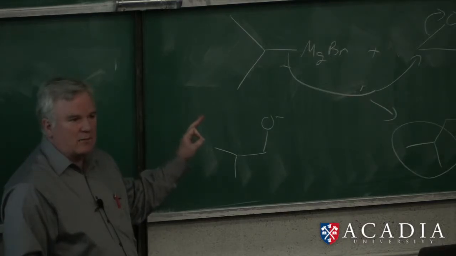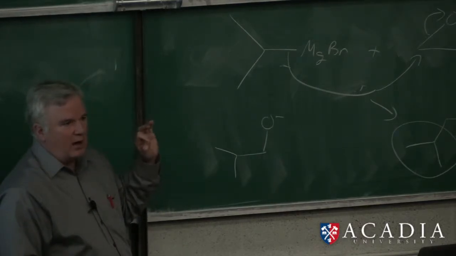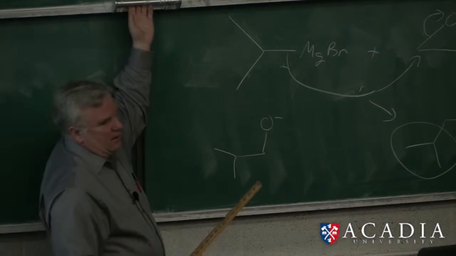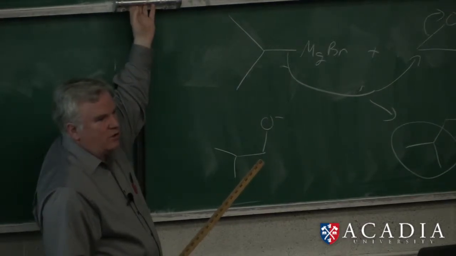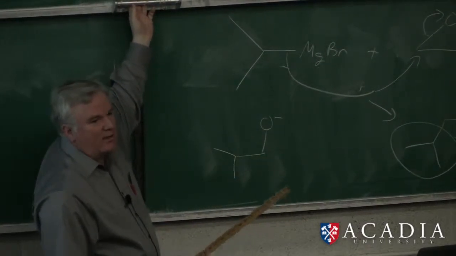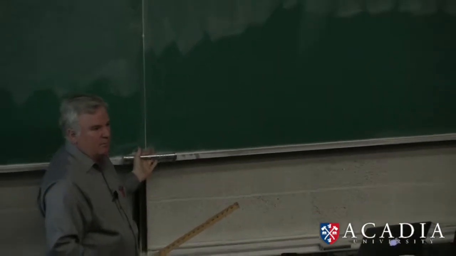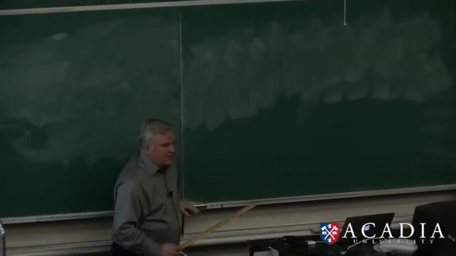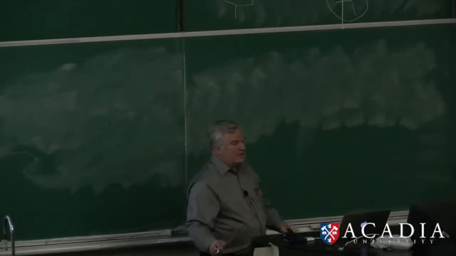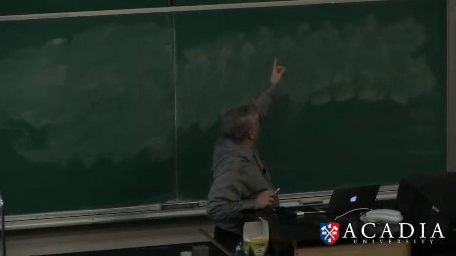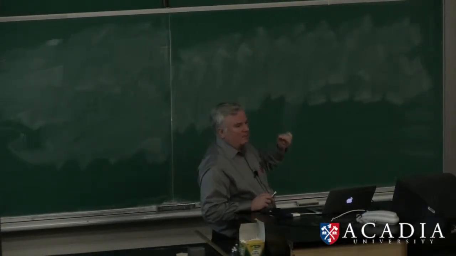Count your carbons in your starting materials. Count your carbons in your products. You don't necessarily need to get in the habit of doing that all the time, but in instances like this where it's easy to lose a carbon, be aware that sometimes carbons seem to disappear more easily than at other times. And it's usually with functional groups like that.